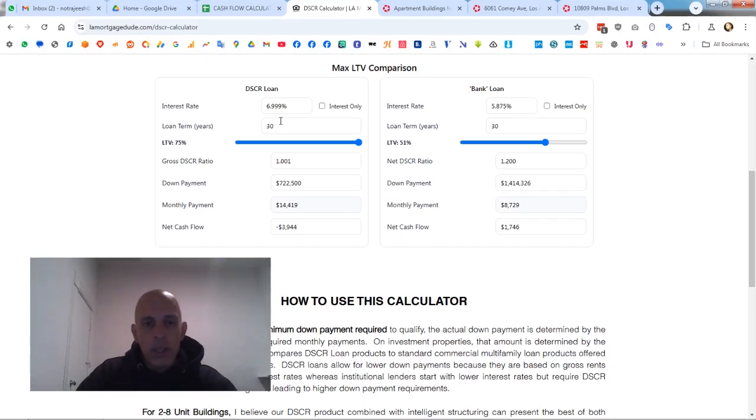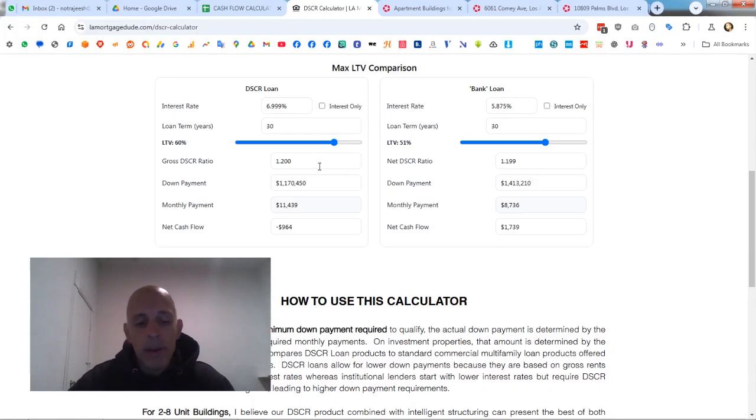So if you were to get a property with a 1.2 DSCR ratio, and you got that with a 6.99% interest rate, you'd only have to put down $1.17 million. So you can see how this calculator does the math for me. That way, when I punch it into my pricing engine, I don't really have to think too hard in order to price out different scenarios.